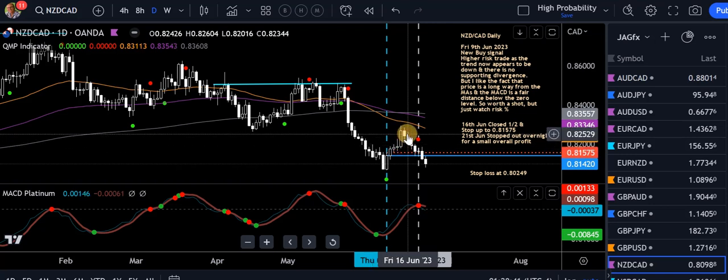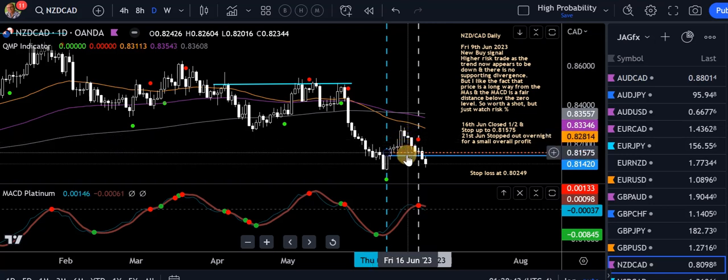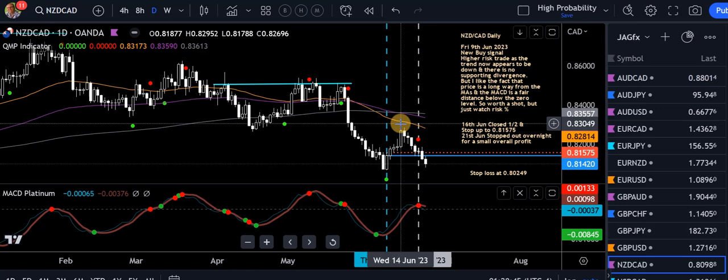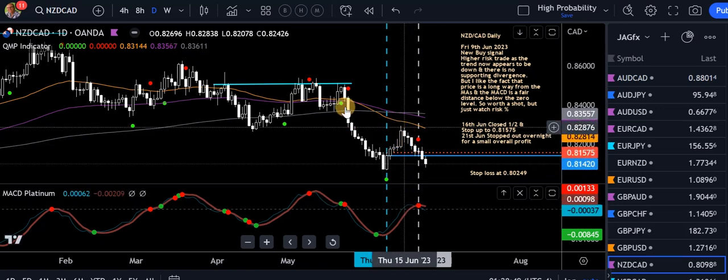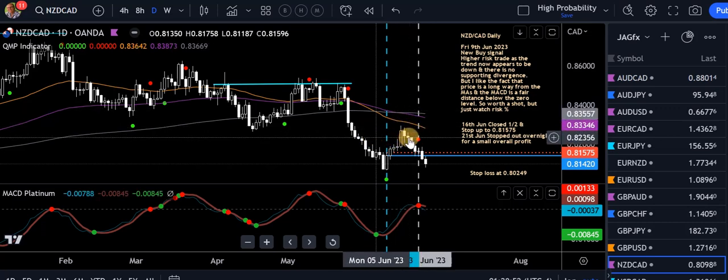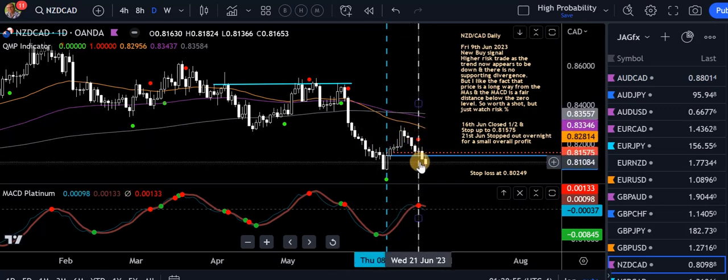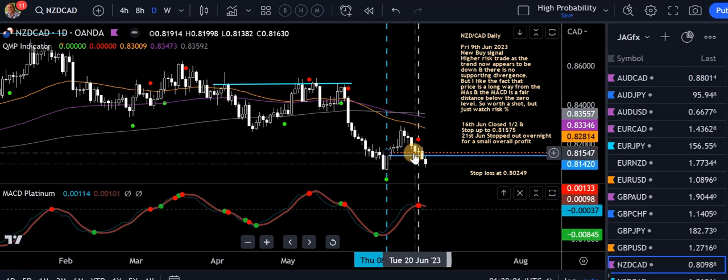So the open of this candle closed half, dragged my stop up. Prices got up to the moving averages, getting very close to MACD Platinum. It looks like the moving averages were starting to turn to the downside, so reduced the risk straight away and was stopped out on the 21st overnight. So yeah, stopped out here for a small overall profit.